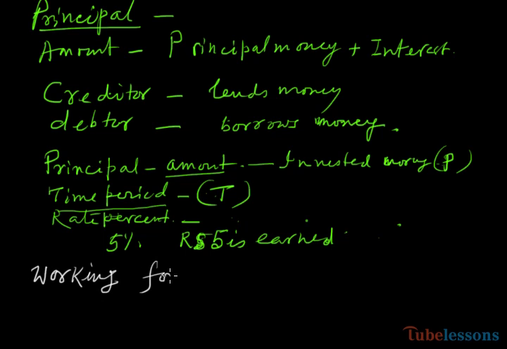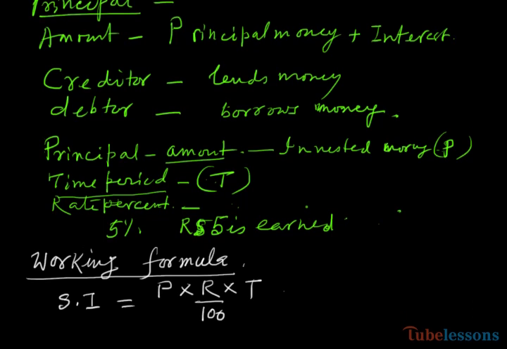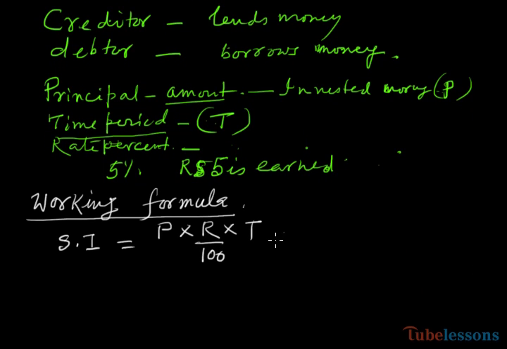Working formula. For simple interest, the formula is principal into rate percent into time, and this rate percent means R by 100. Now suppose you want to find the principal.